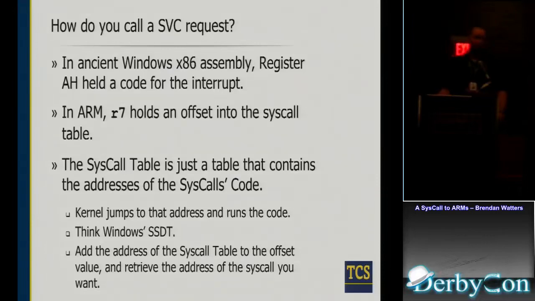Those addresses correspond to the code that does whatever thing you want it to do. So if you wanted to call something with the 5th offset in the syscall table, the kernel goes to the syscall table, finds the 5th entry, executes whatever code is sitting there. So you can think of it like Windows SSDT, System Service Dispatch Table, if you like Windows that way.